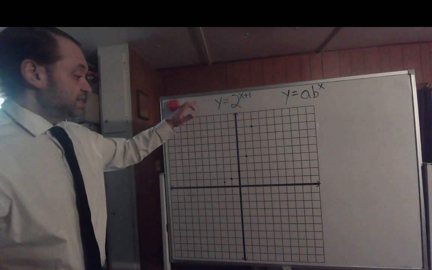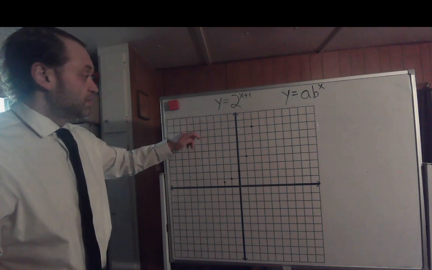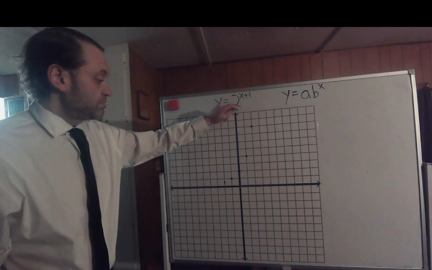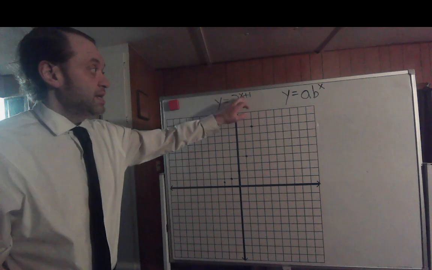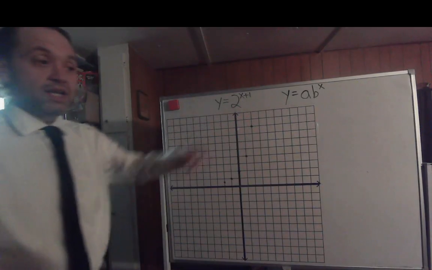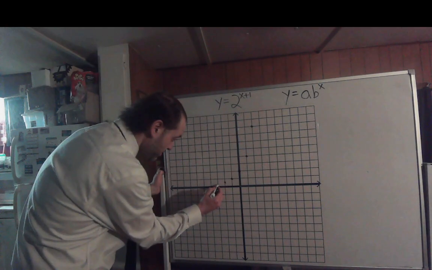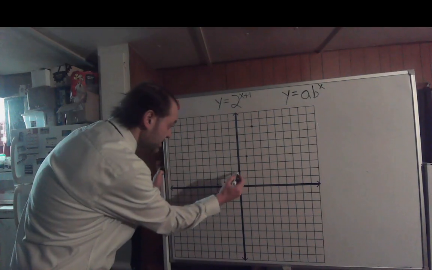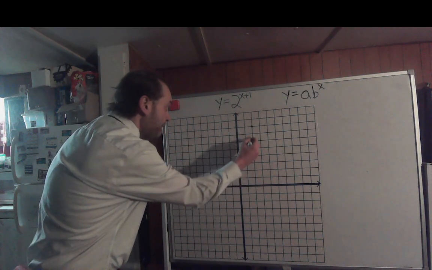And then for good measure, let's do negative 3. Negative 3 plus 1 is negative 2. 2 to the negative 2 is 1/4. So let's go ahead and graph this.